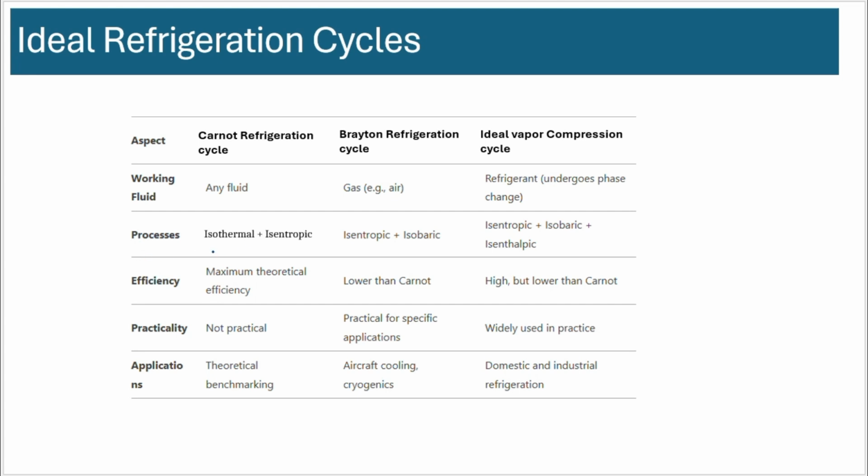The processes involved in the cycle fall into two categories, isothermal and isentropic. Okay, so you could see isentropic is present in all of them, right? And that's one of the reasons they are ideal processes, because there's nothing called isentropic in the real world.